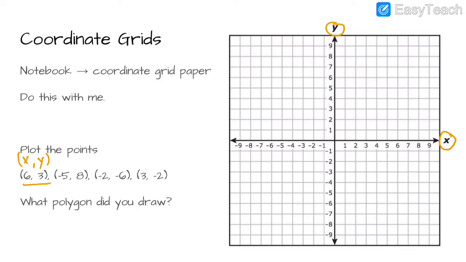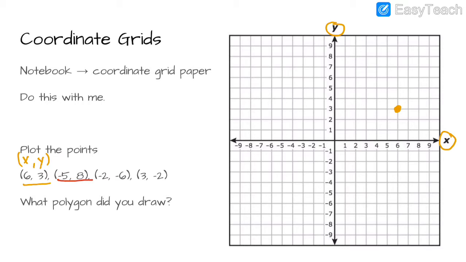So 6, 3, that means we're going to go to the right 6. 1, 2, 3, 4, 5, 6. And then we're going to go up 3. 1, 2, 3. And place our dot there. Now we're going to go to negative 5, 8.